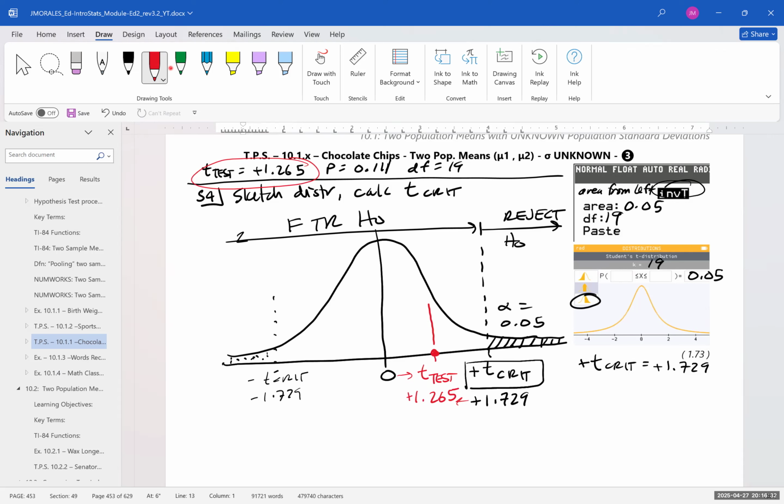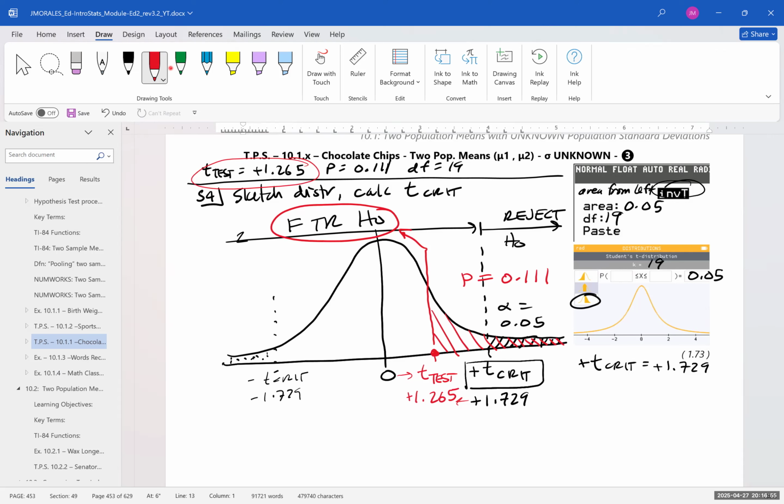And if we draw up from that, that's clearly indicating that we're going to fail to reject the null, and that this area right here, that is our p-value, and that's 0.111.